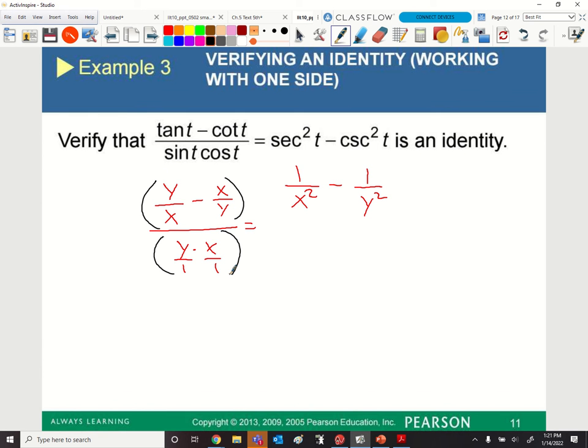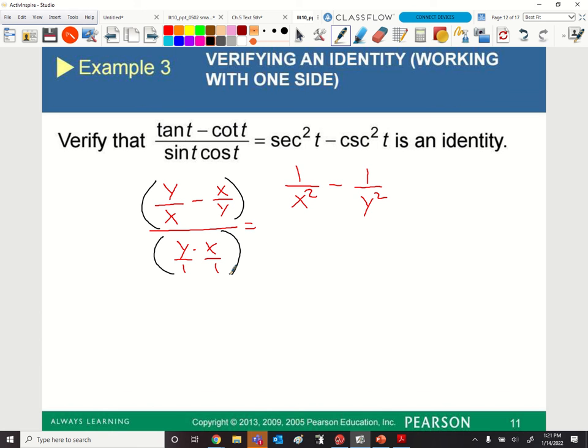In this case right here, what's the common denominator going to be? If you don't know what it is, you just multiply them all together. So the denominator's x, right? Over here, denominator's y, right? Denominator's 1, denominator's 1. So multiply all of them together if you don't know how to get a common denominator.